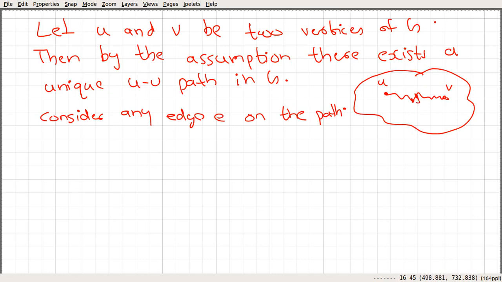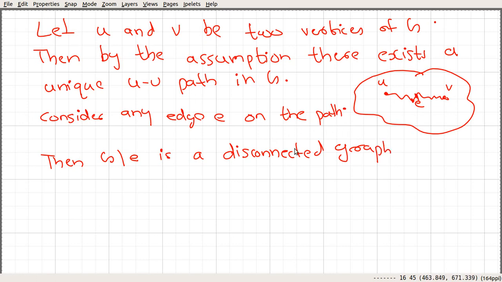So this is going to be our edge E. Let's go and remove this edge from the graph. Then G minus E is a disconnected graph.